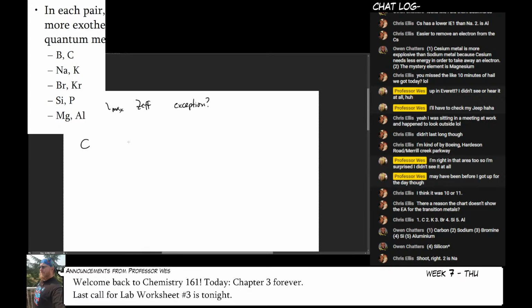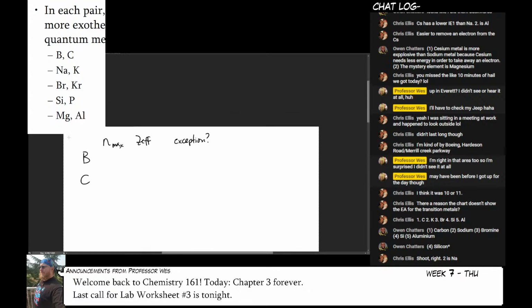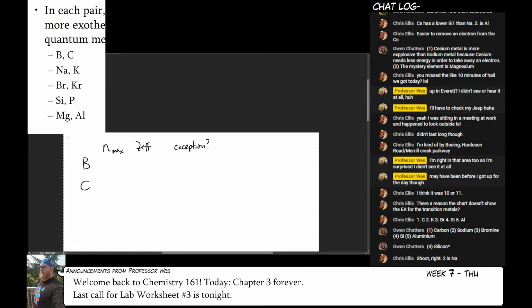We're going to make a little chart, but I'm going to add this extra little column here, exception, just to see if we land on any of the weird things that are going on. And we'll show you how we'll deal with that in a second. So these are both n equals 2. We're doing electron affinity, so we'll just indicate that.